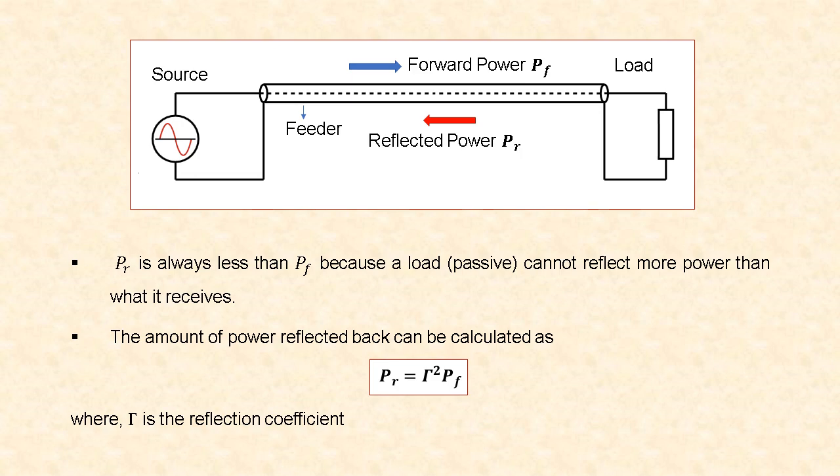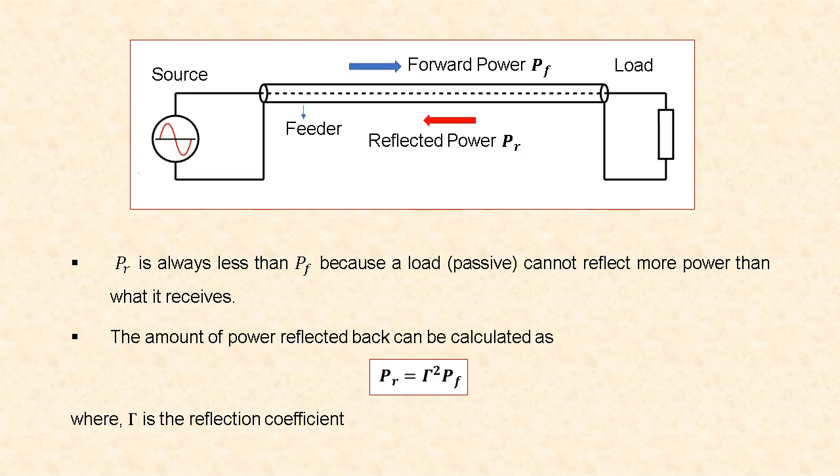The figure shows a source delivering power to the load through a transmission line or feeder. The power which is flowing from the source to the load, that is the incident power, is called forward power, and the power that is reflected back due to the impedance mismatch between the transmission line and load is called reflected power.